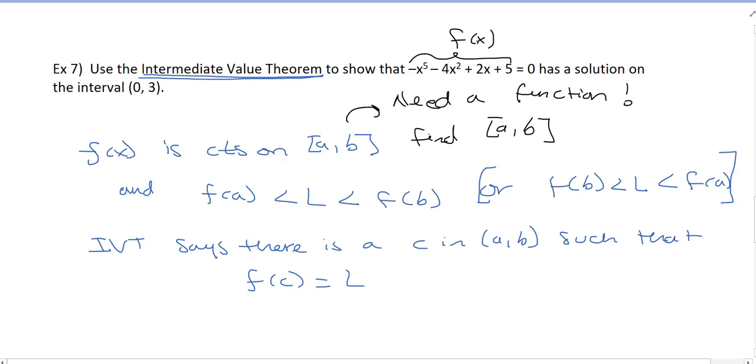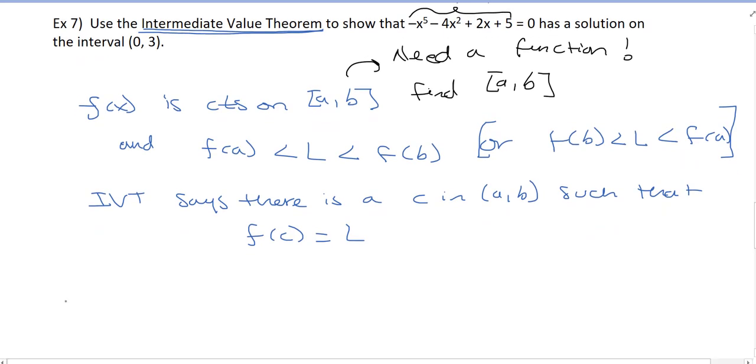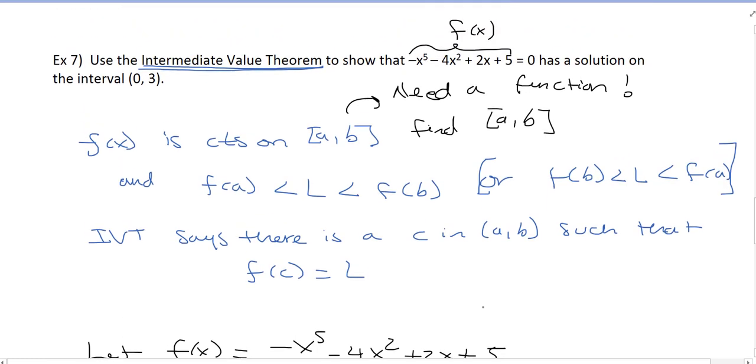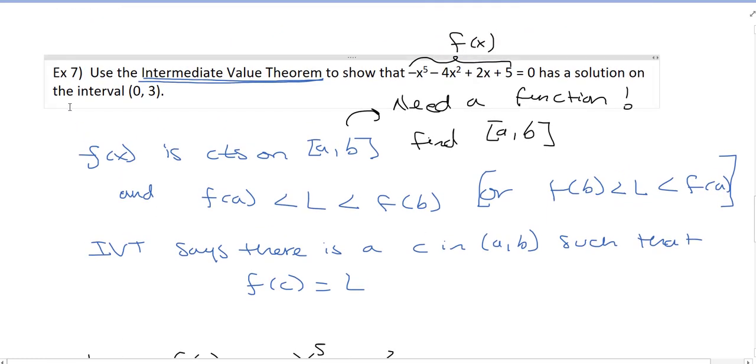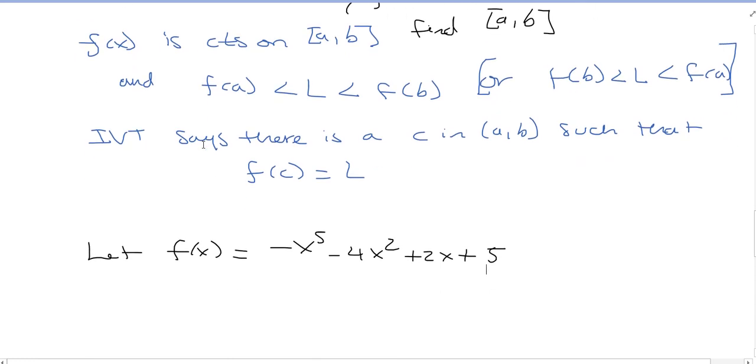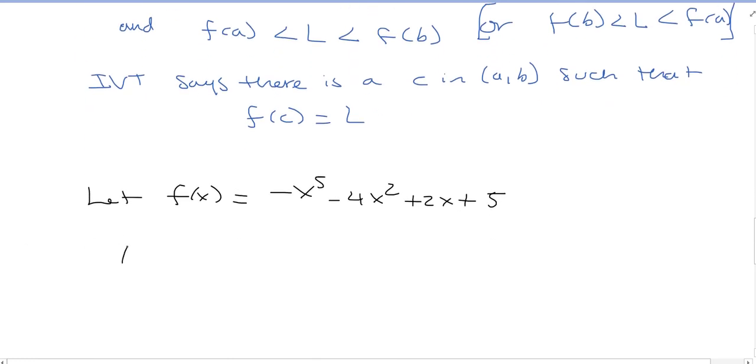Let that be f of x. So let f of x equal negative x to the 5th minus 4x squared plus 2x plus 5. And I'm going to start with the interval that was given to me: show that it has a solution on the interval [0, 3]. So let [a, b] be the interval [0, 3].